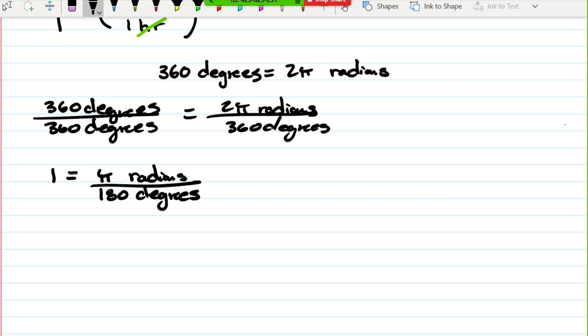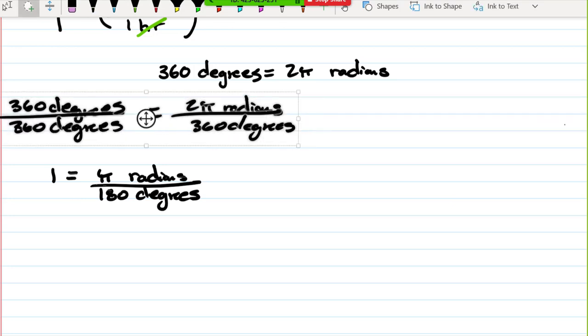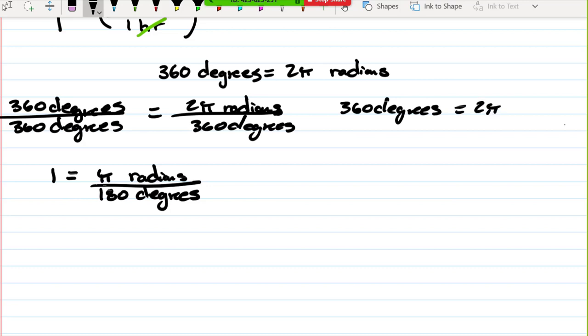Similarly, if I take that same original equation, 360 degrees equals 2 pi radians, I can divide both sides by 2 pi radians.